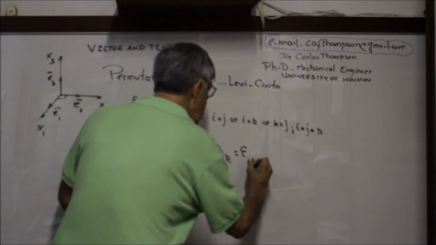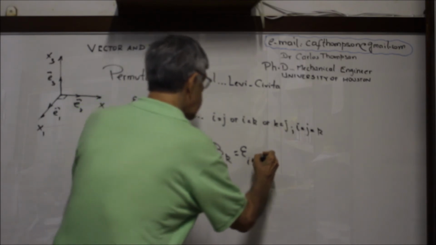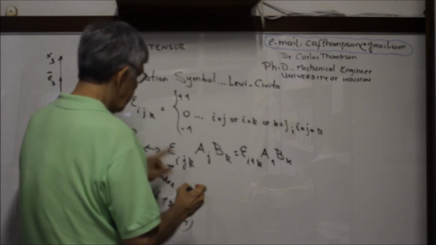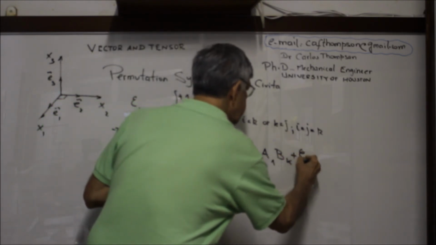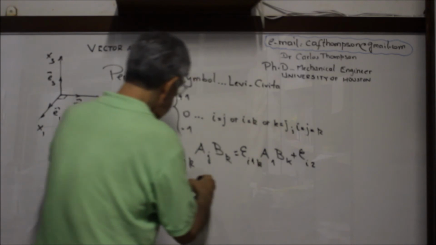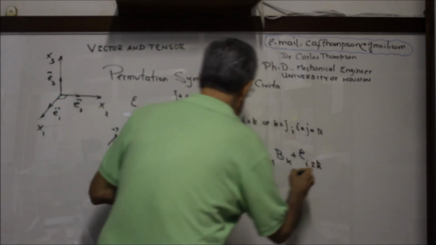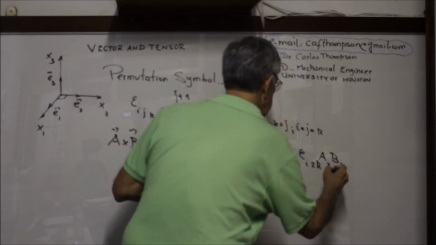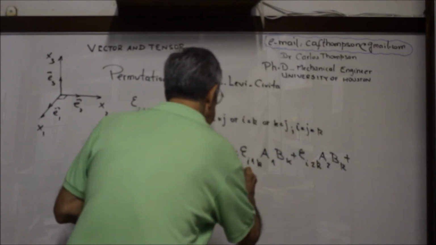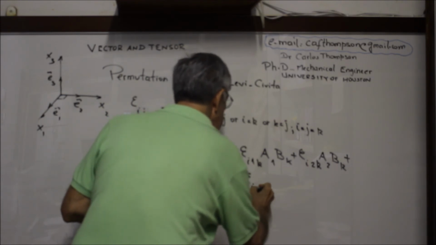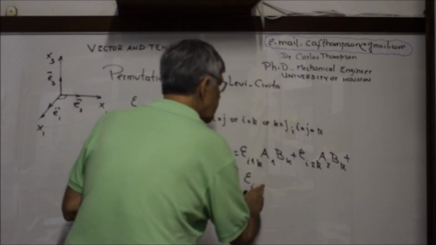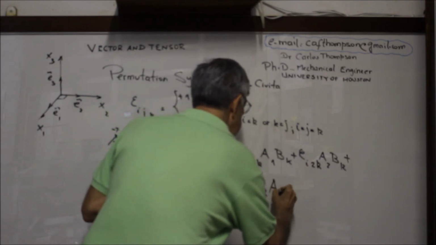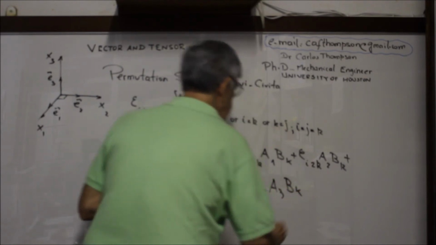Then it will be epsilon i1k a1 bk, plus epsilon i2k a2 bk, plus epsilon i3k a3 bk.